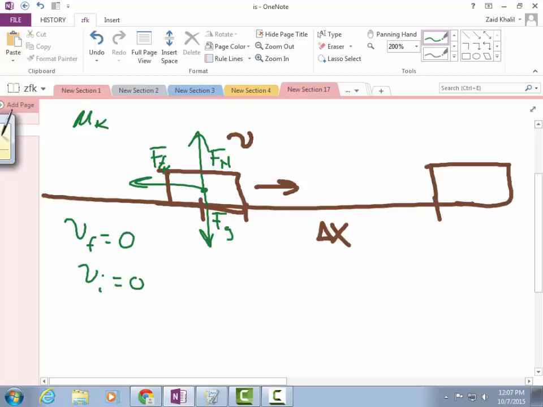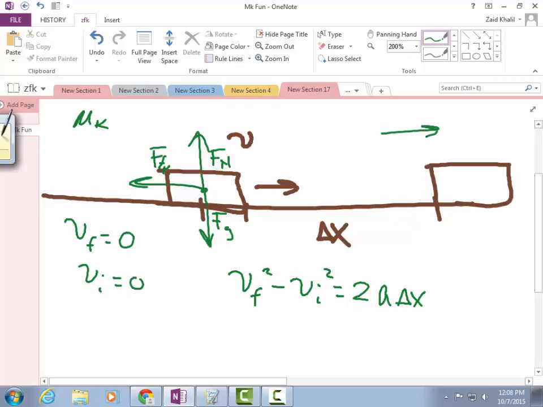The second kinematic equation says Vf squared minus Vi squared is equal to 2 times a times delta x, correct? And which direction is this thing accelerating? Right, horizontally.